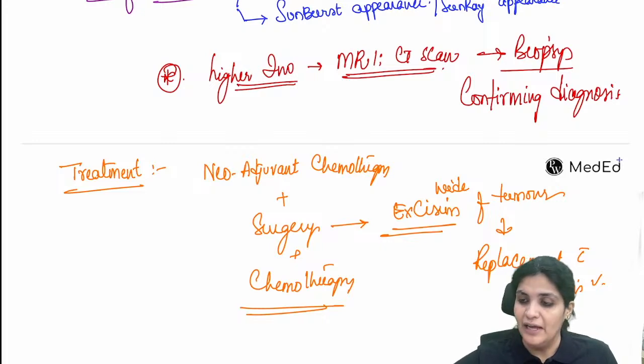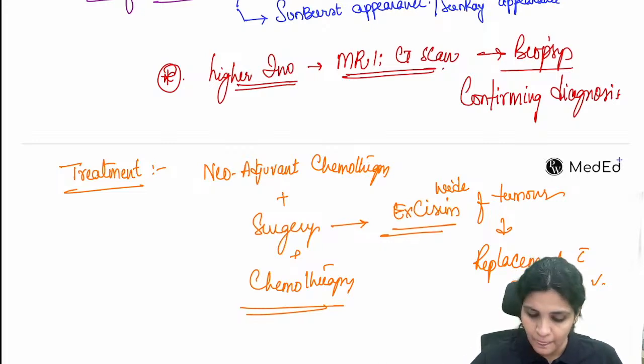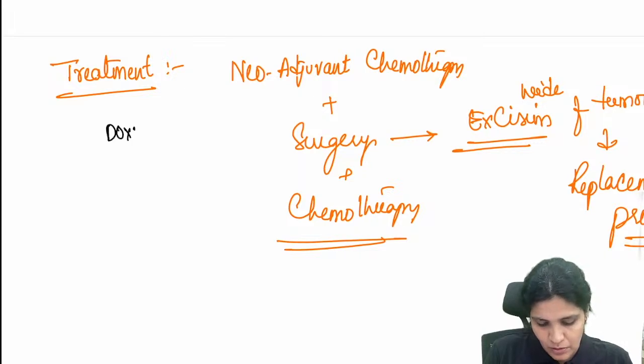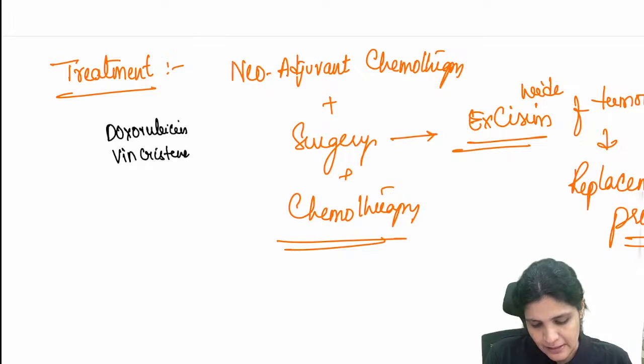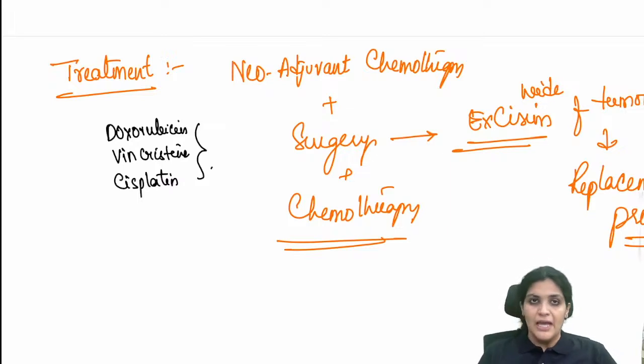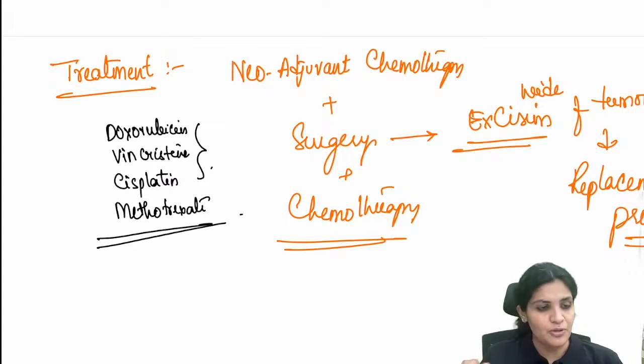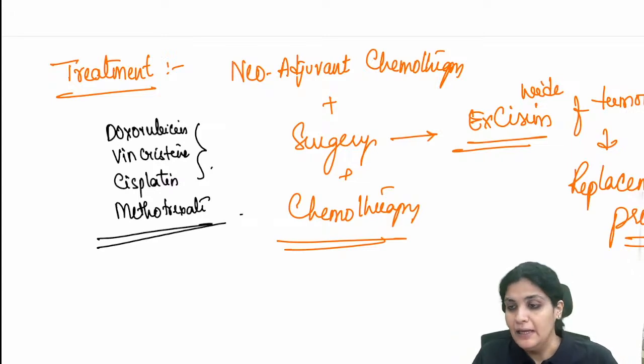And then for chemotherapy, again, we have your doxorubicin, cisplatin, right? So these are the things which are used, and sometimes they also use methotrexate. These are the drugs which you have to remember to treat the disease.